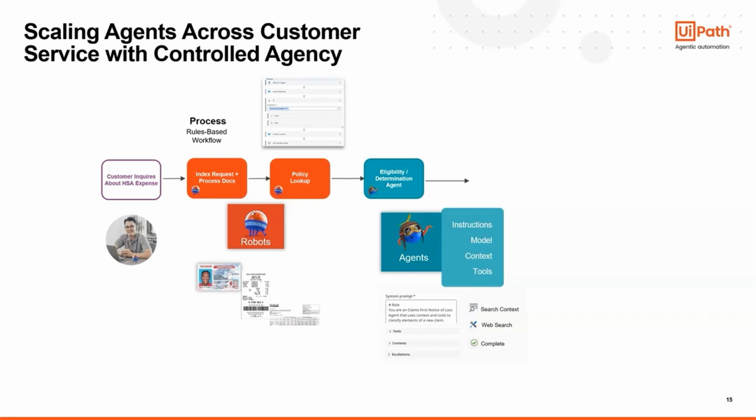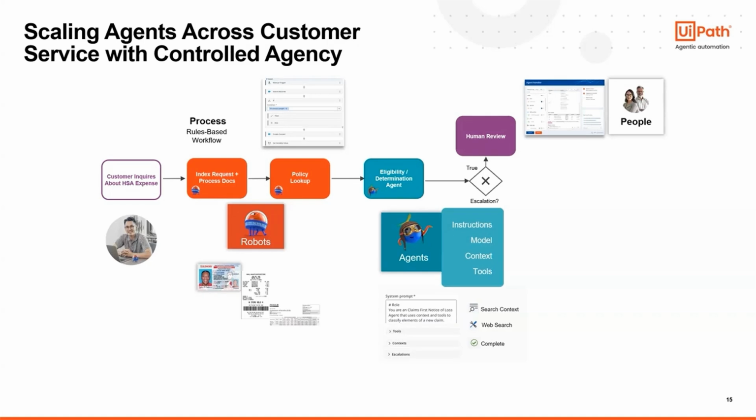At UiPath, we think the fundamental method for providing that scalability or that controlled agency is having a human in the loop of the process. In our case, for my demonstration, I'm going to escalate every single inquiry that comes into the company. In practice, we're able to reason whether or not we need a human to review every single transaction, or if we're okay with some straight-through processing.